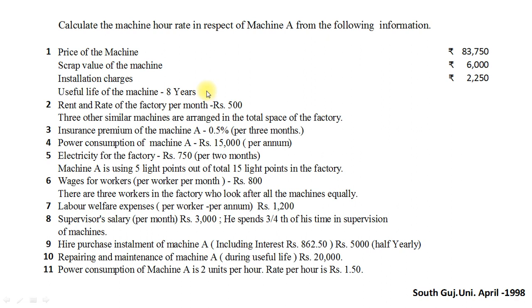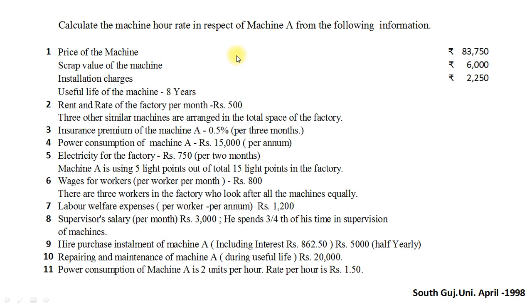The formula for straight line depreciation is: annual depreciation is equal to cost price minus scrap value divided by useful life of the asset. In short, C minus S upon N, that you have used in school.